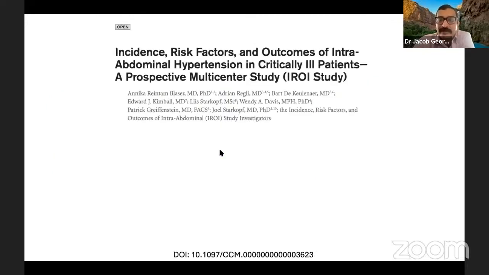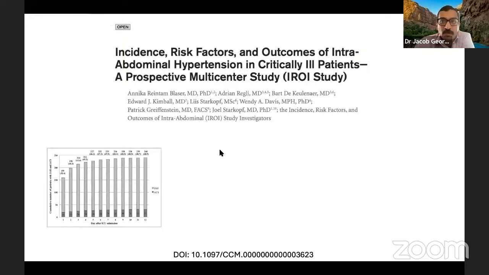Now, if you look at the risk factors that have been demonstrated for abdominal compartment syndrome, this is the IROI study that was published in Australia in 2018, and they found that on the day of admission to the ICU, almost 32% of patients have intra-abdominal hypertension, and almost 19% of patients have abdominal compartment syndrome.